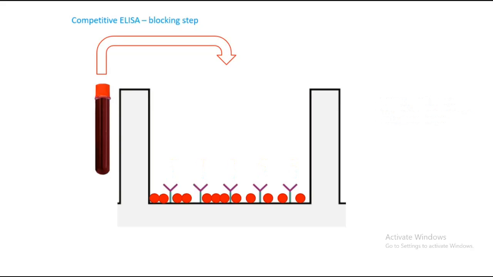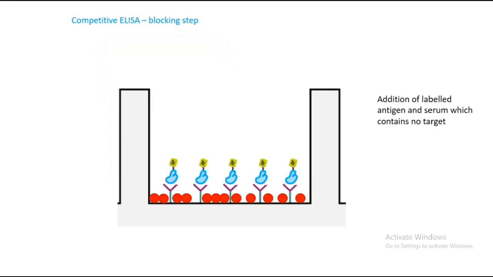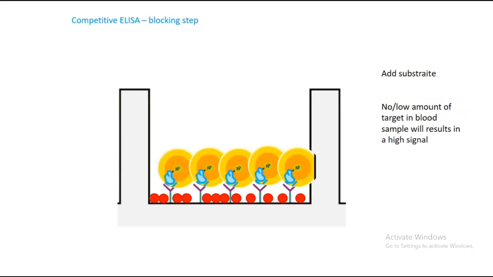Now, when there's no target present in the blood, you add the blood sample, but you also add the labeled version of the target provided by the company. When there's no sample present in your blood, the labeled target provided by the company takes up all the binding sites and you get a very high signal.